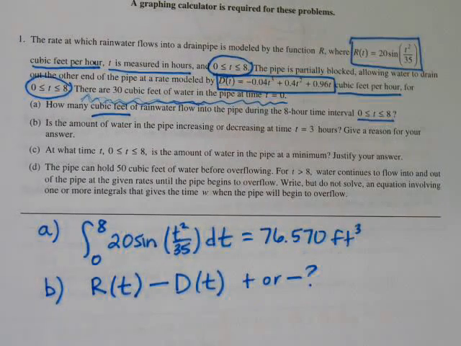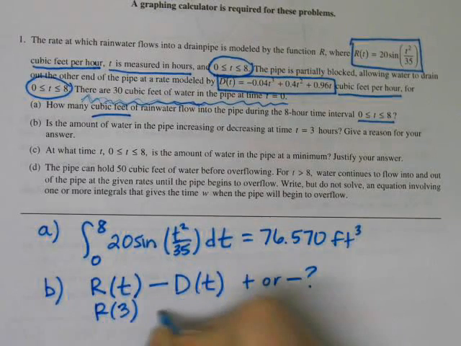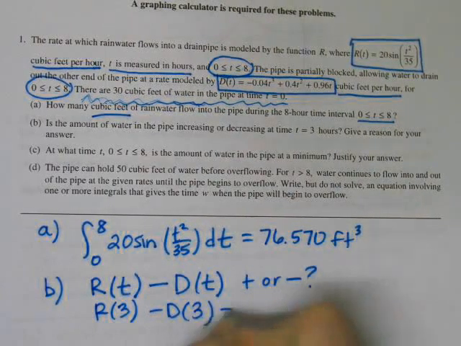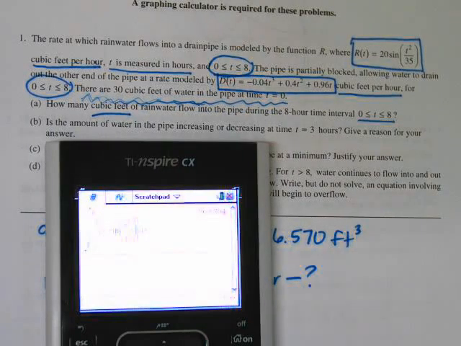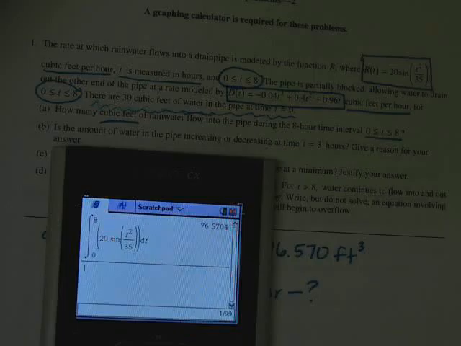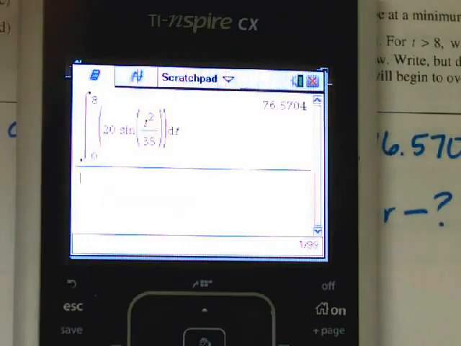So I would type in 20 sine x squared over 35 and negative 0.04 x cubed plus 0.4 x squared plus 0.90.